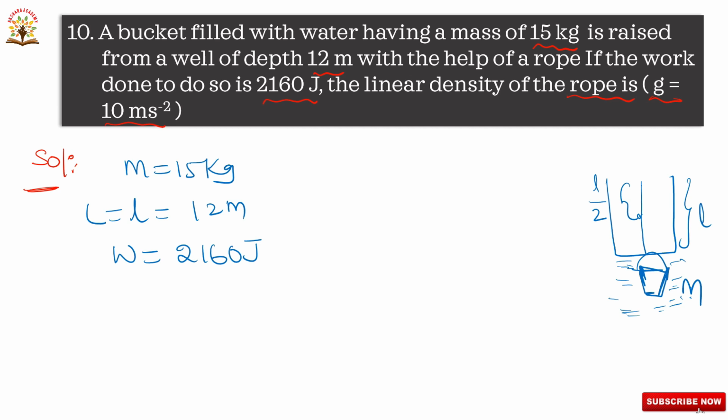This is M. Now they have given the work done as 2160 joules. Now we have to calculate the linear density of the rope. Lambda is equal to question mark.